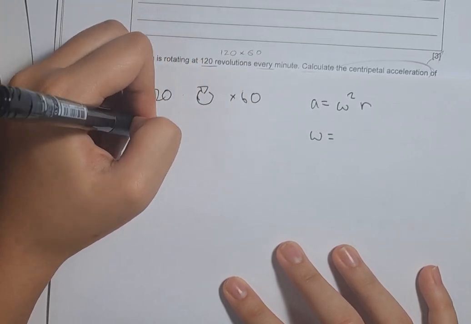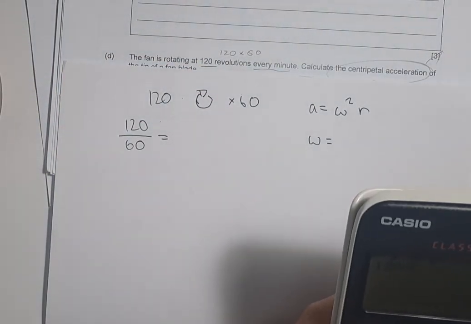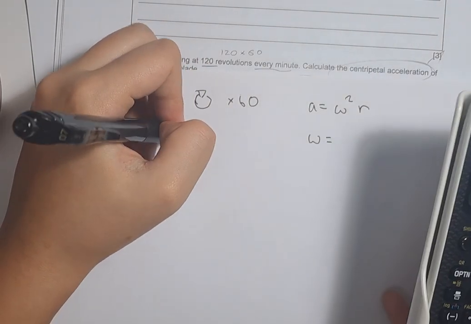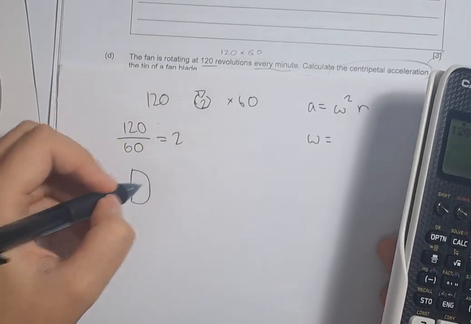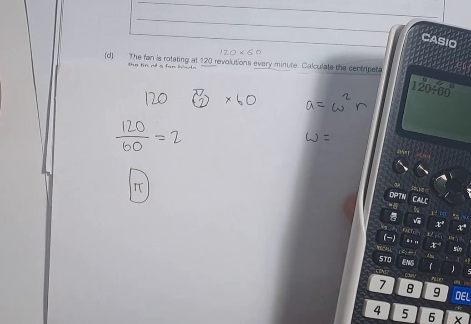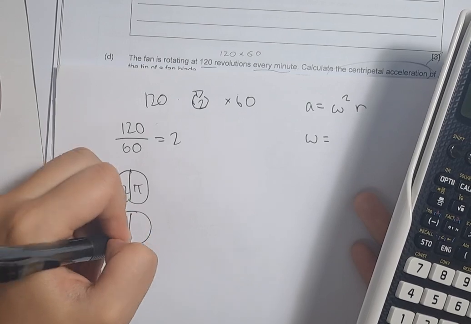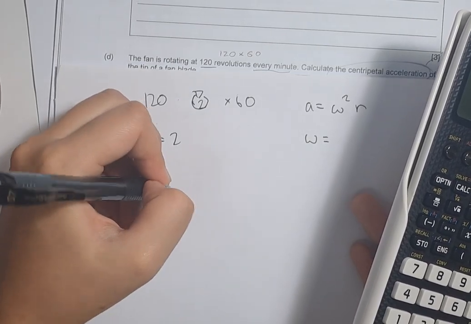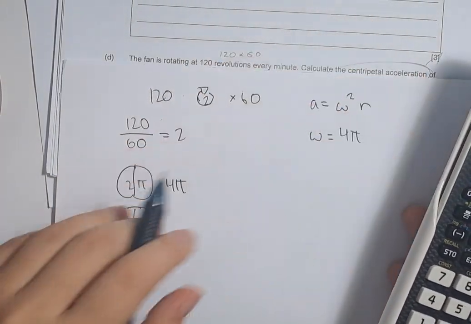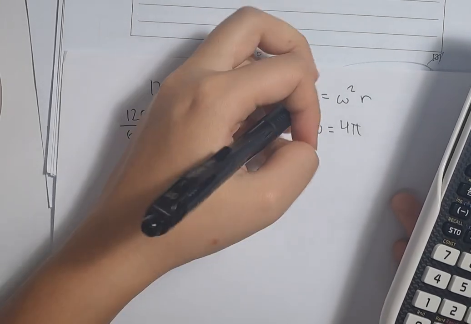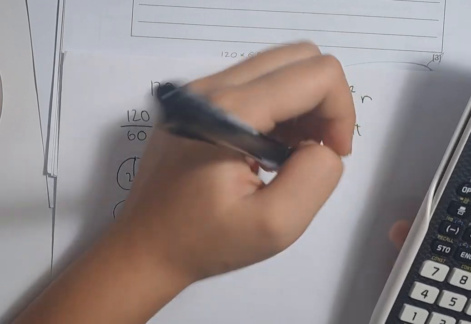Wait, give me a second. 60 goes 2 times around. Half a turn is pi, and a whole is 2 pi. So there's 2 turns per second, it's 4 pi. That's the logic I forgot about. 4 pi radians per second. So you do 4 pi squared times 1.8.